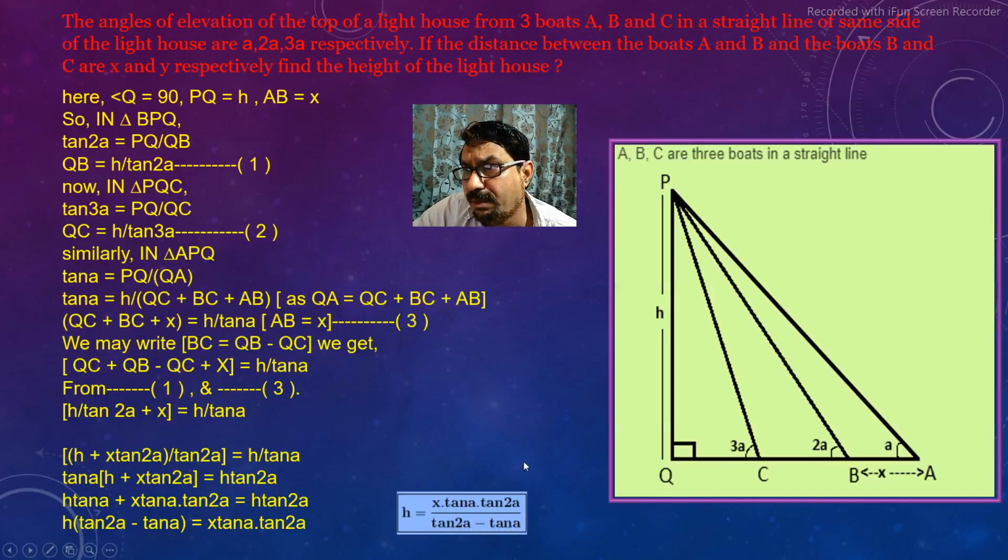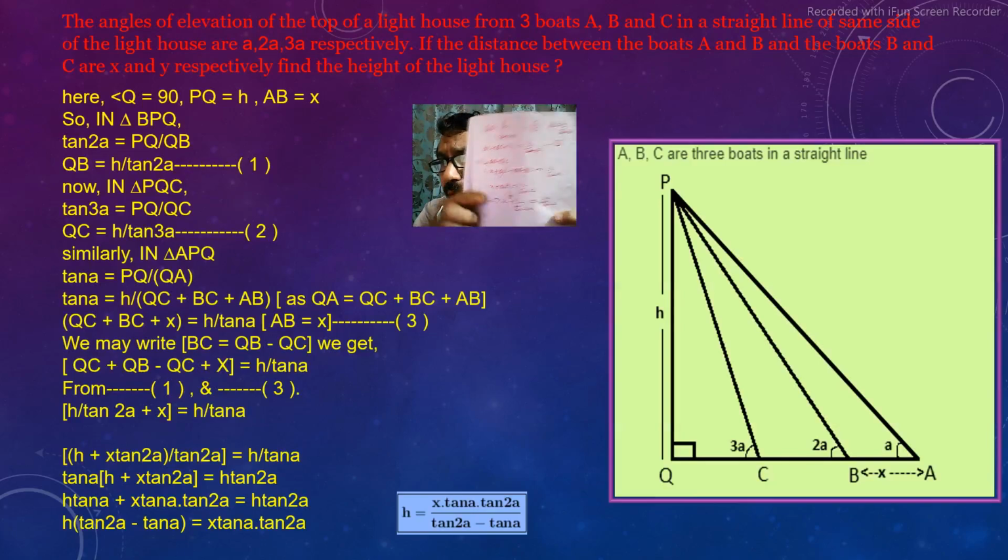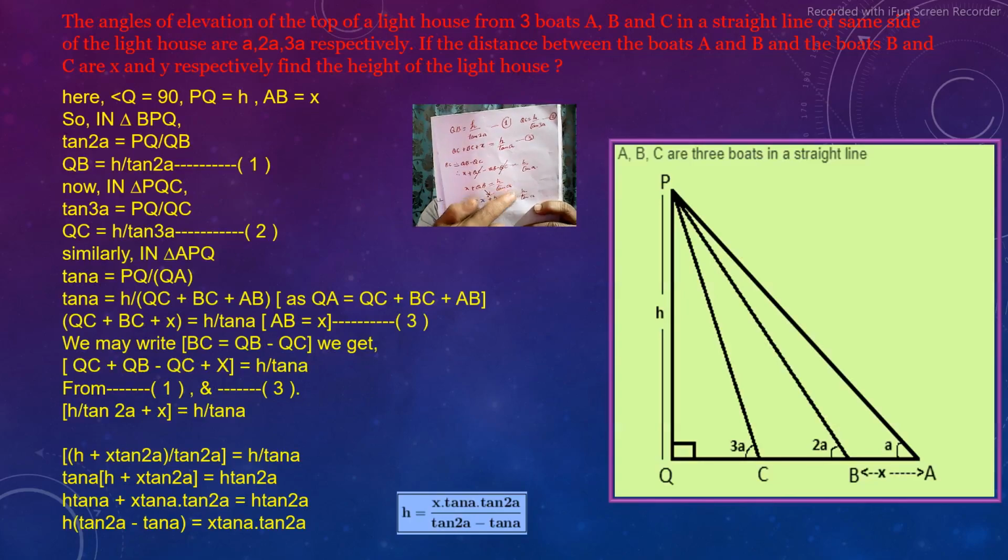I hope you understand. I wanted to show how we can compute the equation here. That's what you need to understand, how the equations are formed: h by tan 2A, h by tan 3A, and h by tan A. But here, QB is what is required, you need to replace it here.